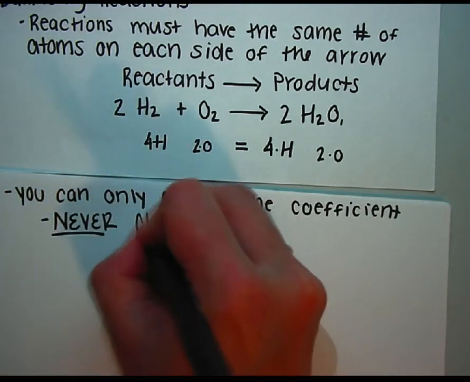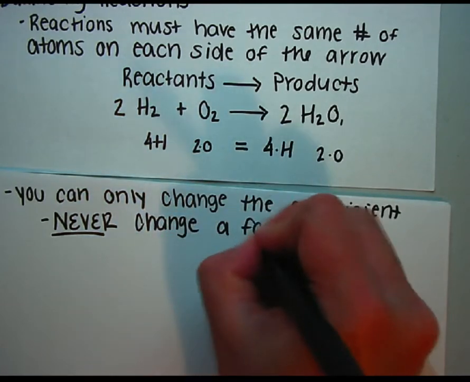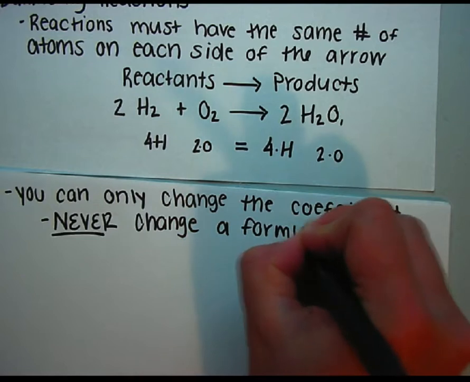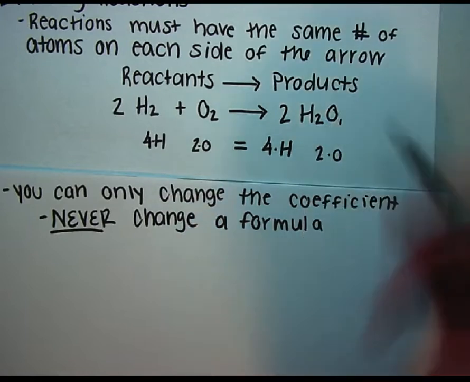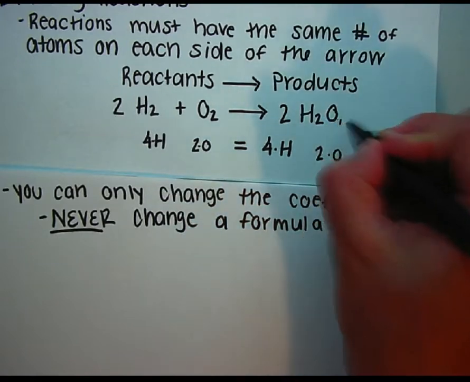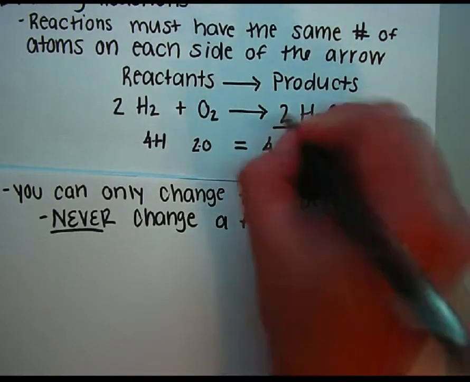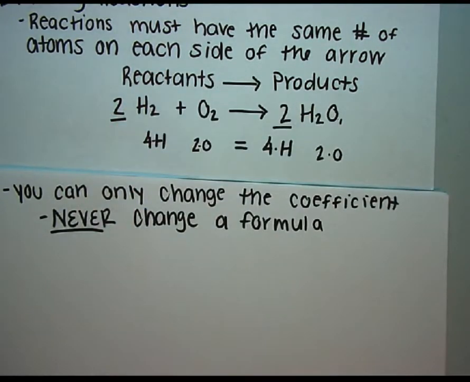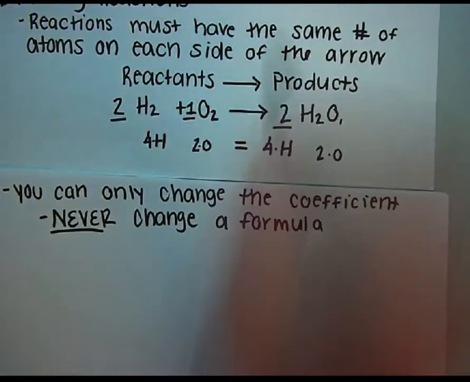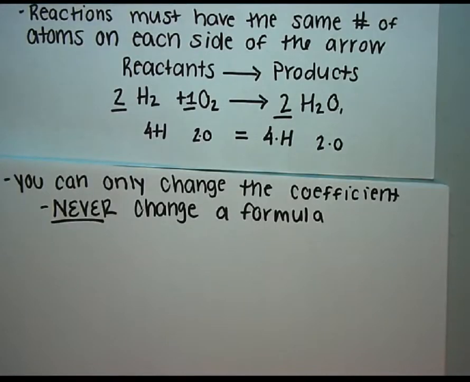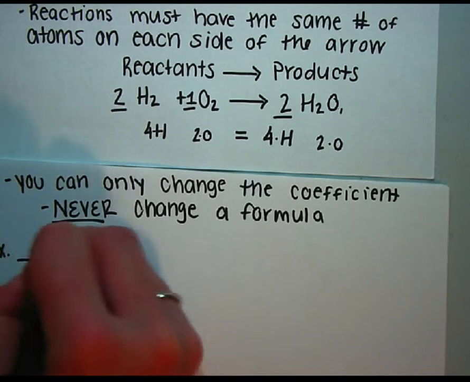Never change a formula. So let's say you needed 2 oxygens, you would not be able to add a subscript of 2 because that would change the formula. The only thing that you can do is change the coefficients. If there is not a coefficient there, it's going to be 1. All right, first one.